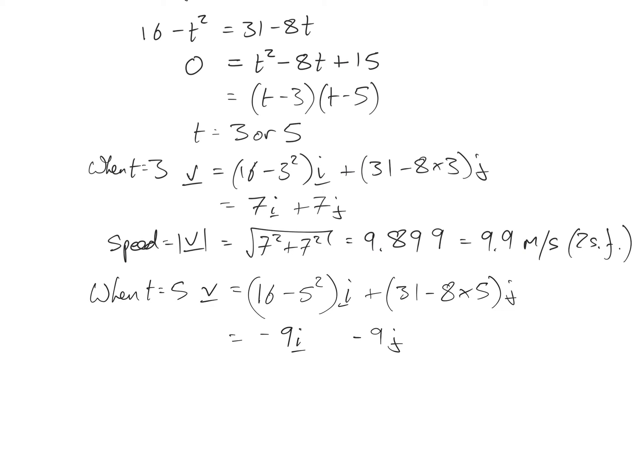So again, it's got the same components, but it's going minus 9i minus 9j. So this is not a bearing of 45 degrees. Okay, and that's quite sneaky. We've just got to be aware of that. But they do want you to justify why you've left out t equals 5.